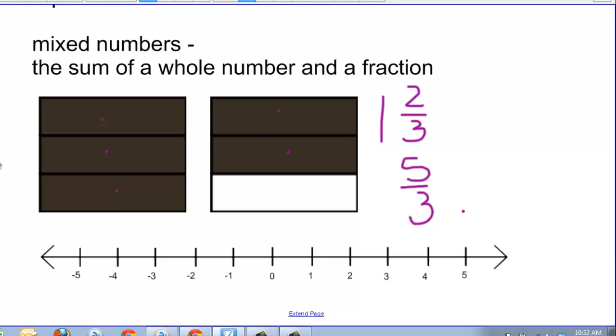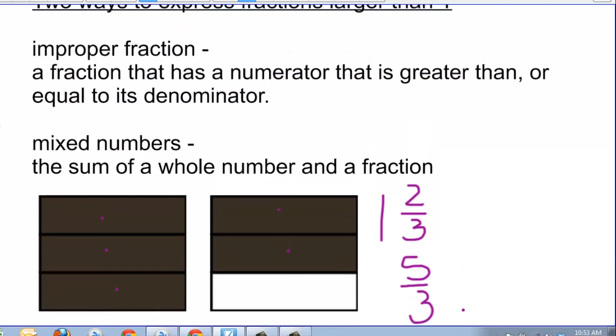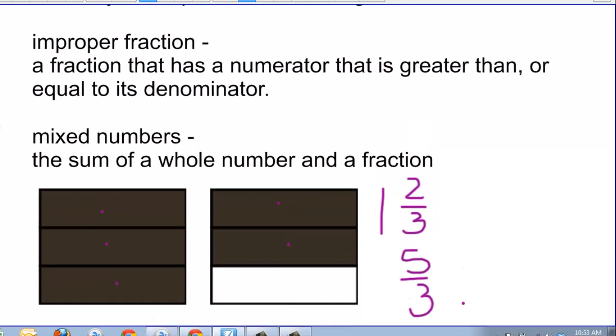So if I look back up here to my 2 definitions, an improper fraction is a fraction where the top number, the numerator, is bigger than or equal to the denominator, and so that fits right here, 5 thirds. That is an improper fraction. And then a mixed number is just what we talked about, the sum of the whole number and a fraction, and so that would be the 1 and 2/3 here.